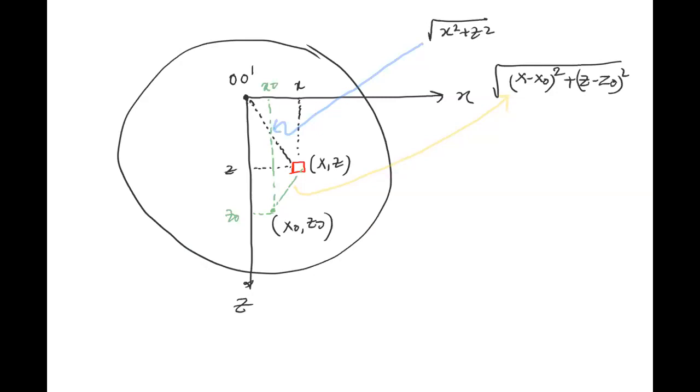If this is so, then the perpendicular distance of the same element from this new axis AA dash will be equal to the length of the green line, which is shown by the yellow arrow, and the length of the green line is simply found by the distance formula.